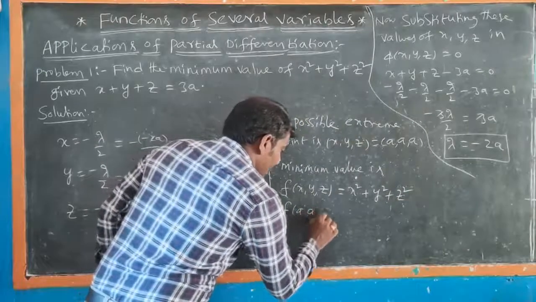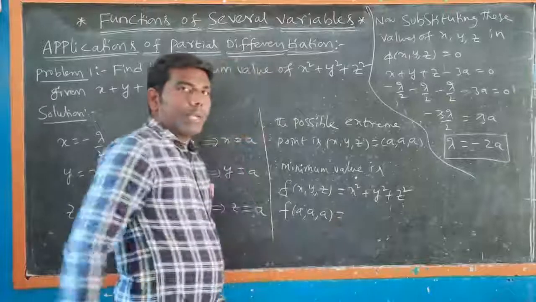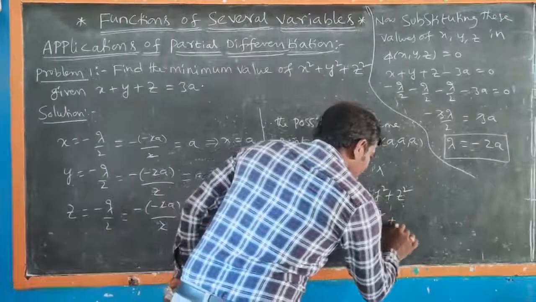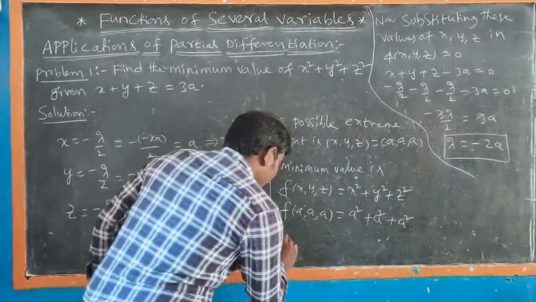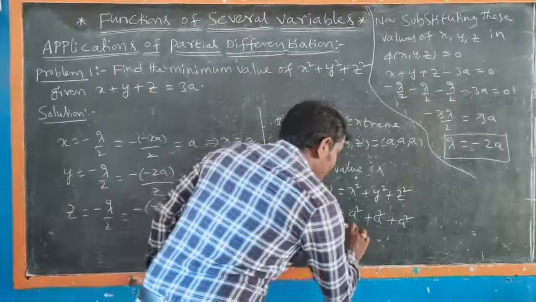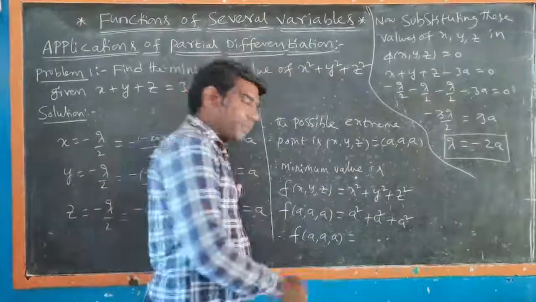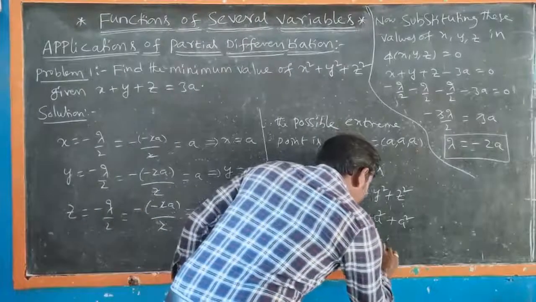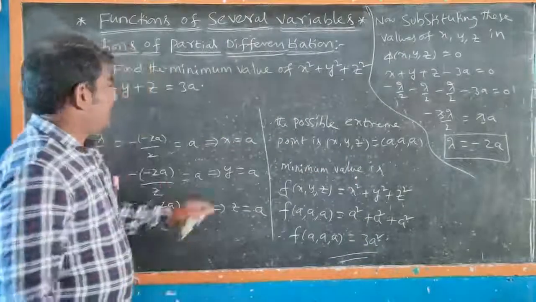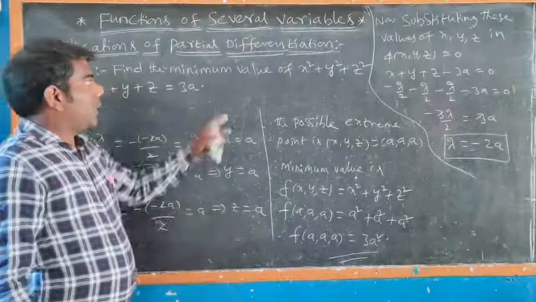What is y? a. What is z? a. Now a square plus a square plus a square. Therefore f of a, a, a is equal to a square plus a square plus a square, that is 3a square. Okay, right. So this is the minimum value of the given function.